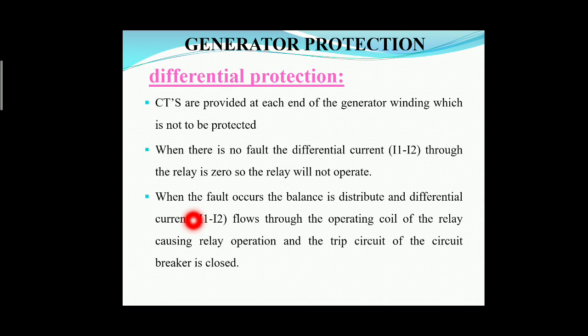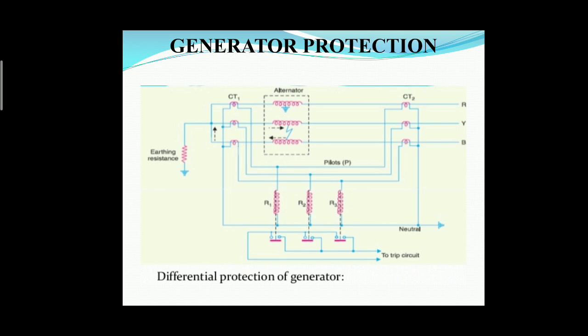That difference, I1 minus I2, is the current passing through the operating coil, causing relay operation and the tripping circuit of the circuit breaker. Then the circuit breaker will be opened.